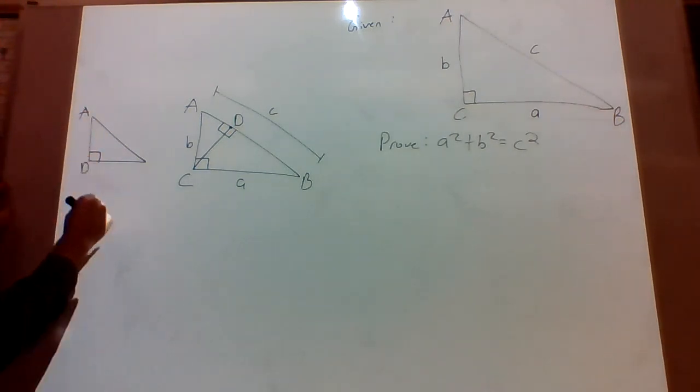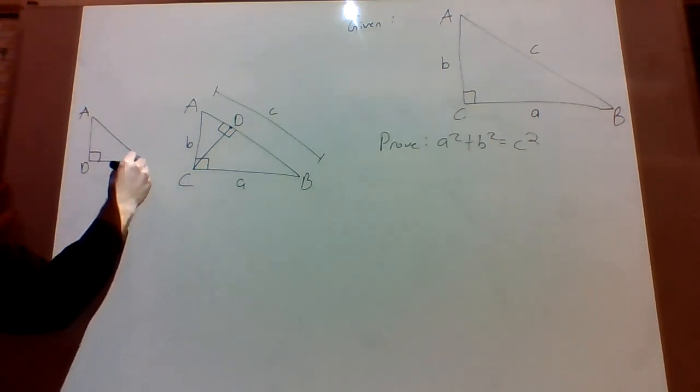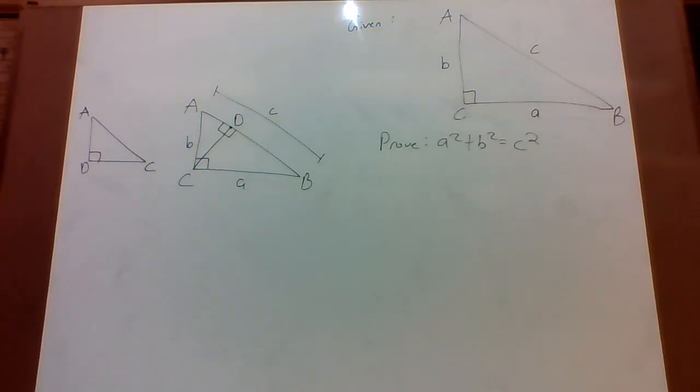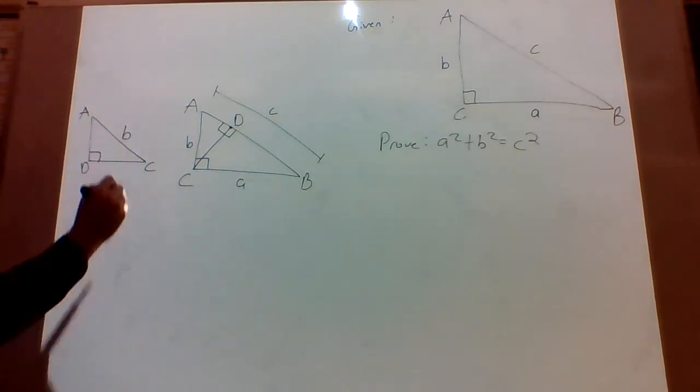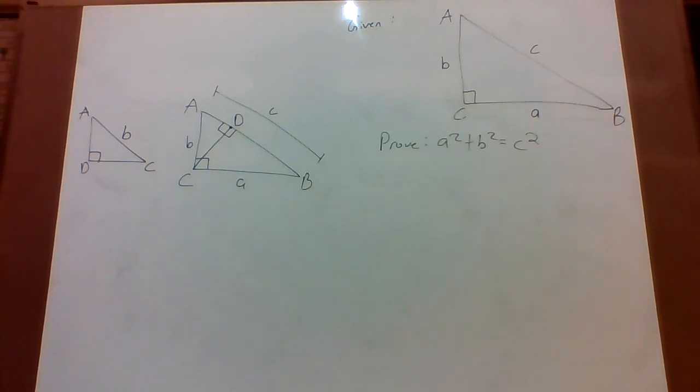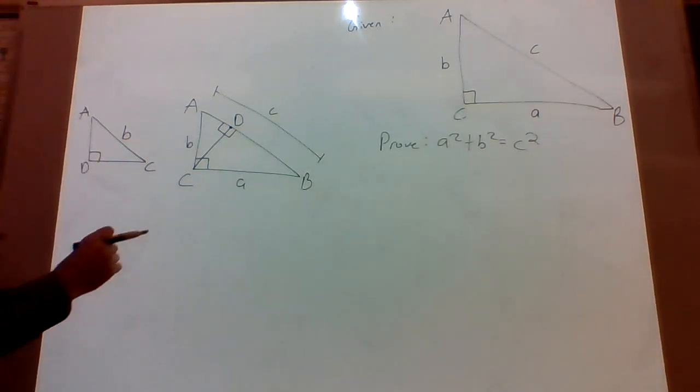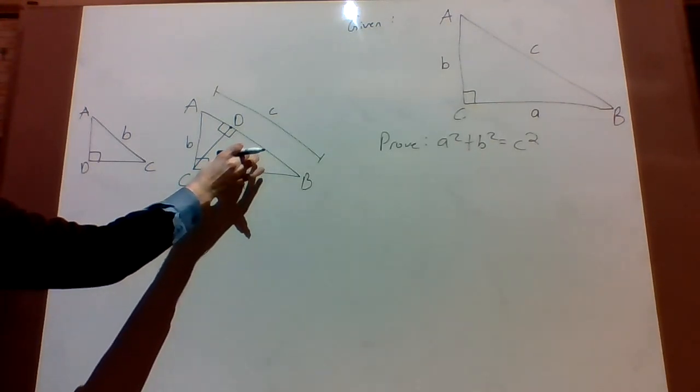Here's A, and here is C. The distance between A and C was B. The length of AC was B. Now I'm going to draw the second.